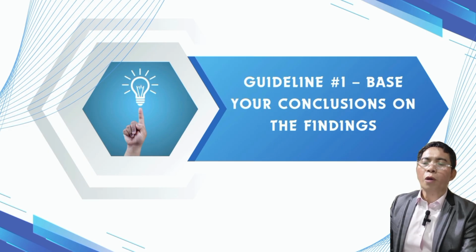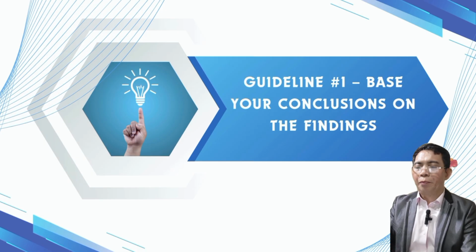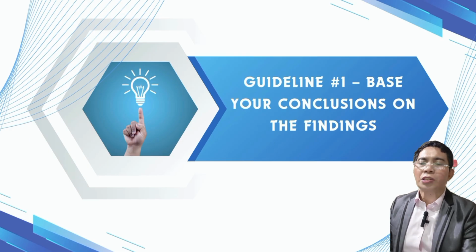Its conclusion will be directly based on the results presented in Chapter 4. Avoid general statements that are not supported by data. Always ask yourself, is this conclusion clearly supported by the evidence I presented?